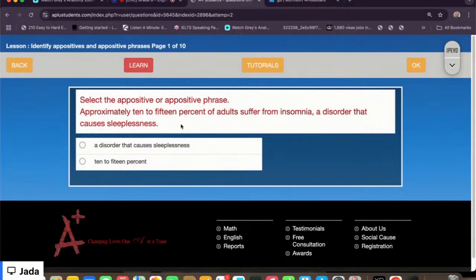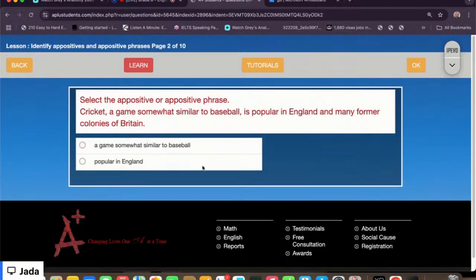So, which is the appositive phrase here? So a disorder that causes sleeplessness is the appositive here.